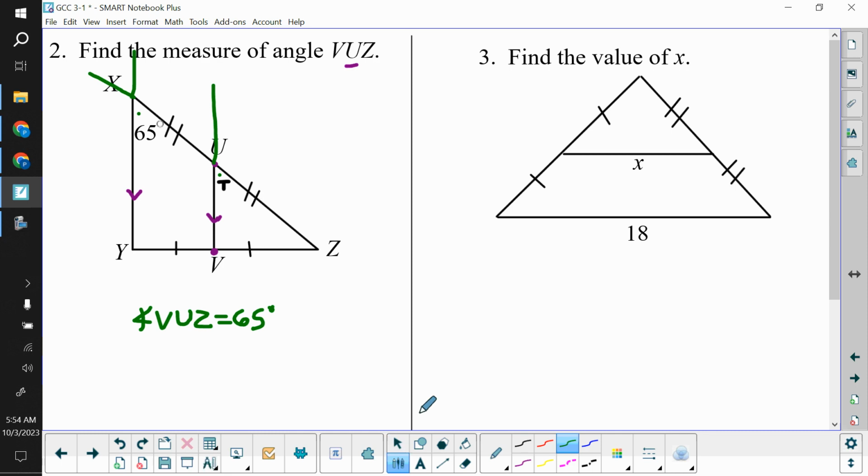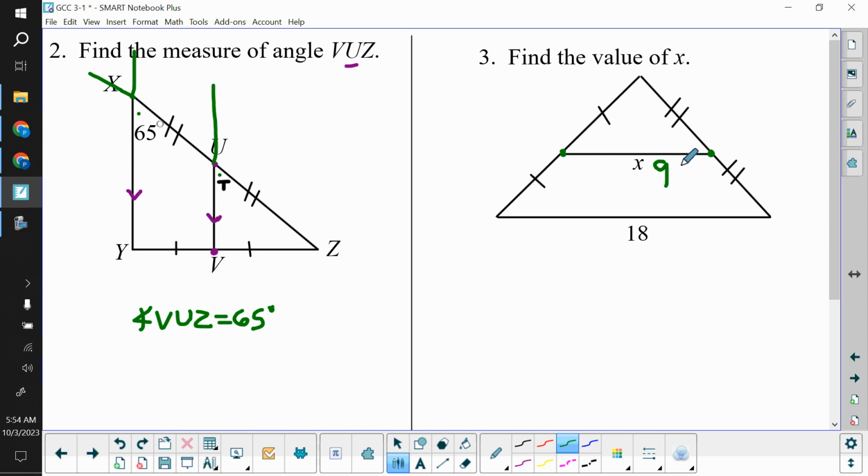If we go over to 3, we've got the markings over on the left, the double markings to show that this is a midpoint. So we're dealing with a midsegment. I think this is actually the same numbers that we just saw in number one, but if that third side is 18, the midsegment should be half that length, so that length is just 9.